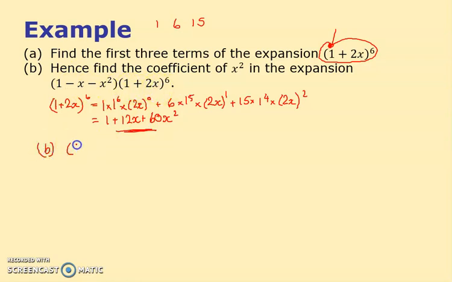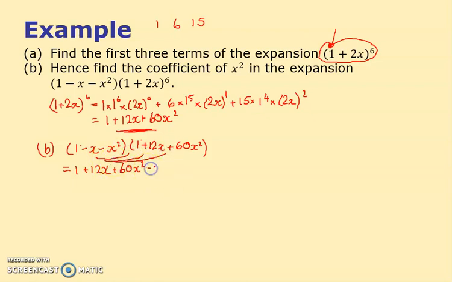So part B is 1 minus x squared times my last result, which was 1 plus 12x plus 60x squared. And assuming I've done that part right, this will be quite straightforward. 1 times 1. 1 times all of them, in fact. So I've done the 1s. Now I'm going to do the minus x times all these things.